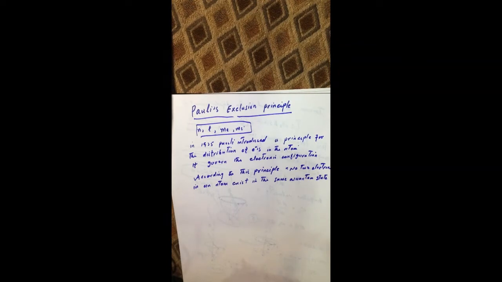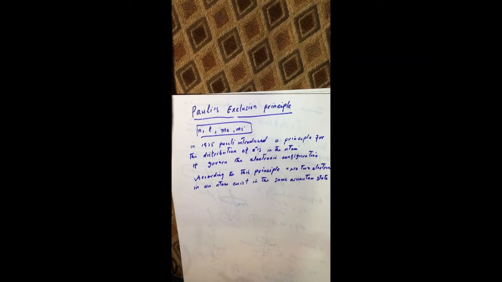What does it mean? In an atom we have many electrons. The simplest one is hydrogen, which has a single electron. Then we have atoms with more than one electron in the periodic table. So in an atom, whatever the number is, no two electrons exist in the same quantum state.